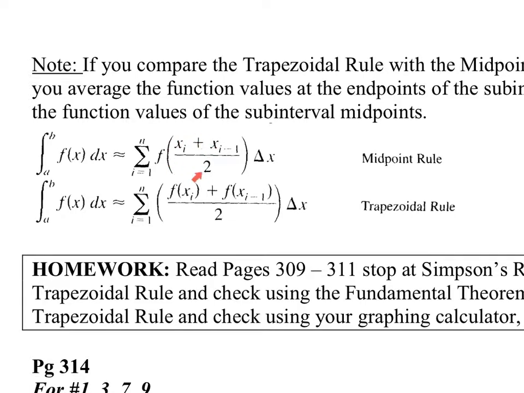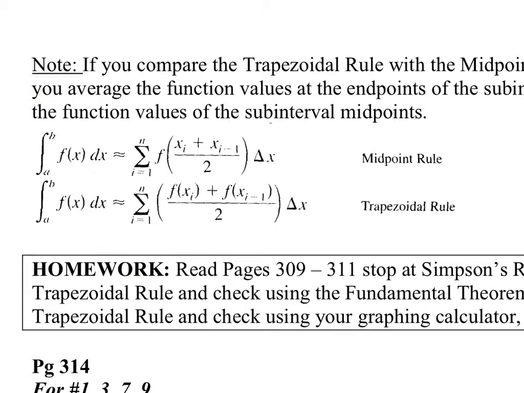In the midpoint rule, you're averaging the x values and plugging that into the function. In the trapezoidal rule, you are finding the values of the function at both sides and averaging those. Okay? The difference in these two approximations is going to be very small. All right? But there can be a slight difference. So make sure that you use the appropriate rule, okay?